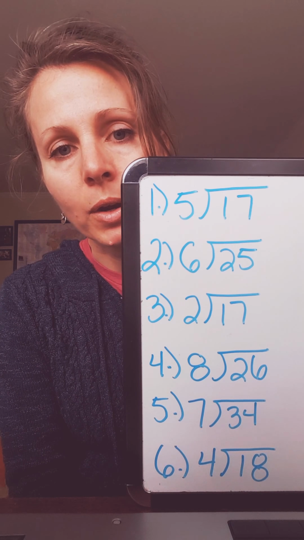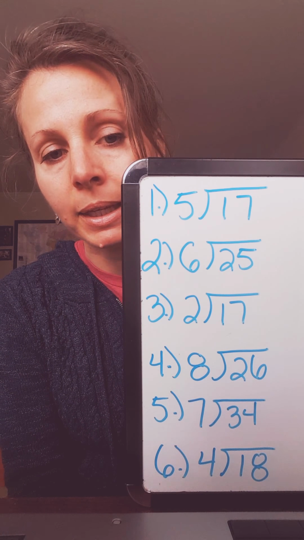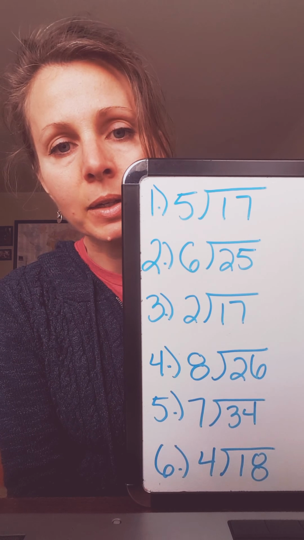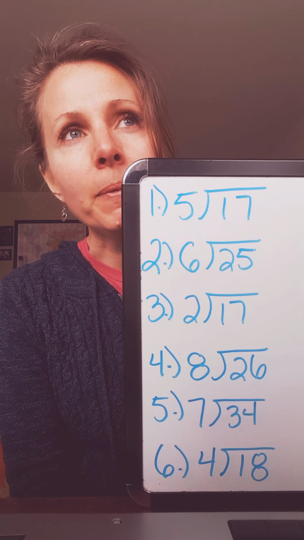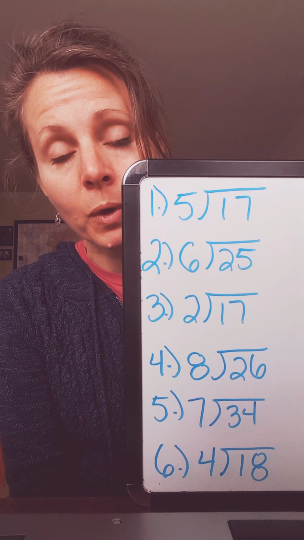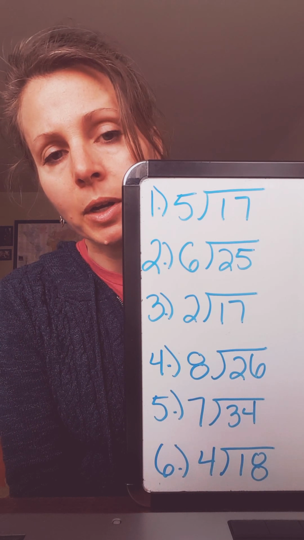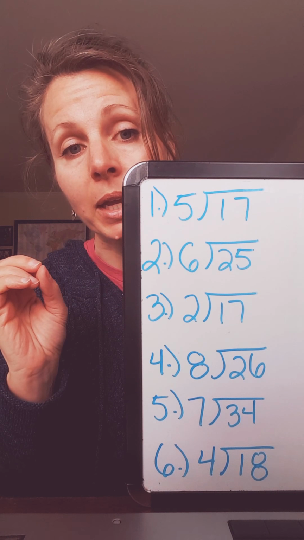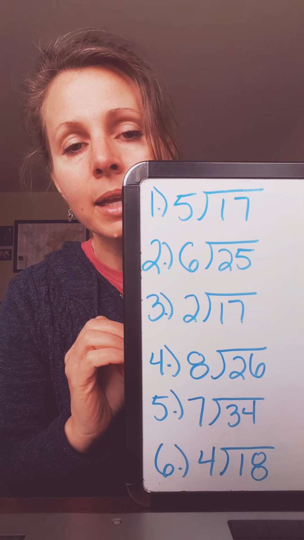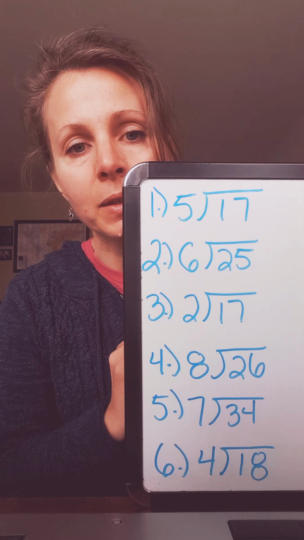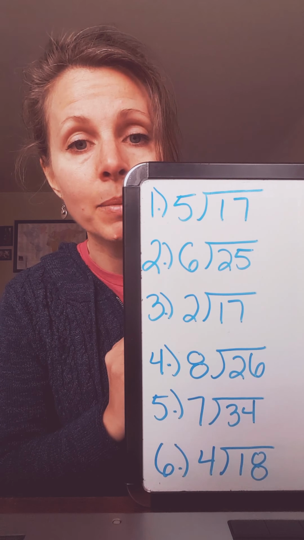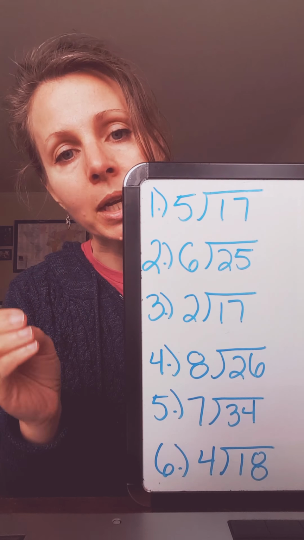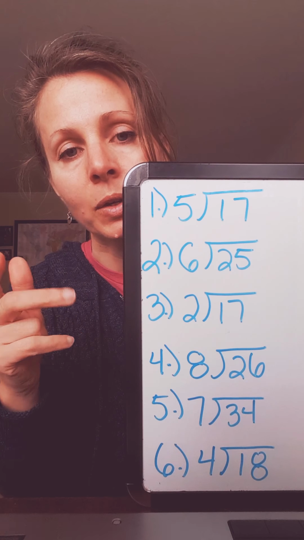Okay guys, here are your problems to work on independently. Copy these down into your notebook. Something that I'm finding helpful, since we're working so much in our notebook and you're going back to check them, is to write today's date at the top of the page and call this division with remainders, so that when you go to check your work, you can find it easily in your notebook.